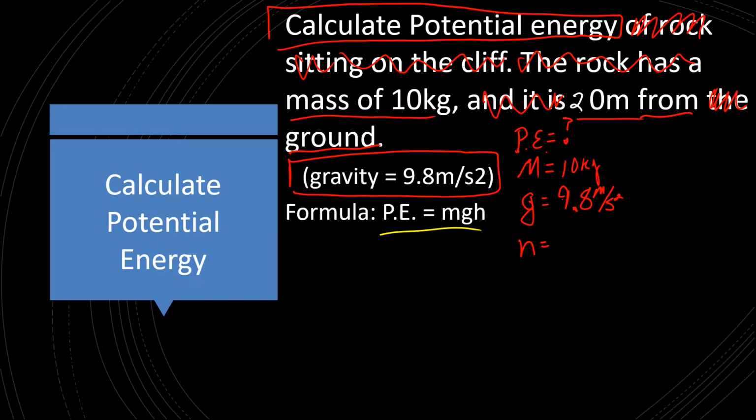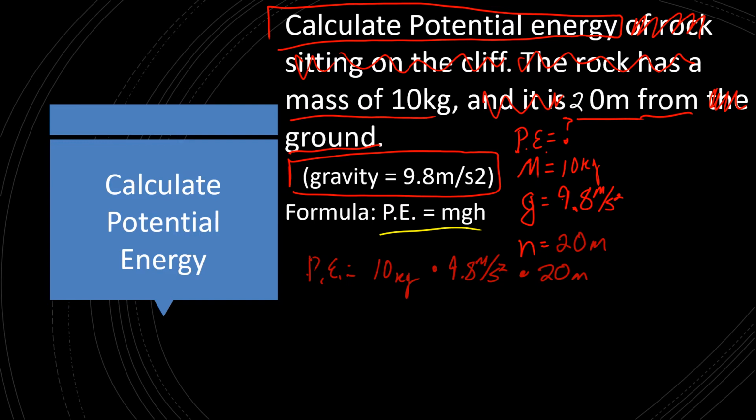Let's see how big of a jump going just 10 meters higher is going to make. We have our formula, PE equals 10 kilograms, same size rock, times 9.8 meters per second squared, because gravity doesn't change. This time it's against 20 meters.